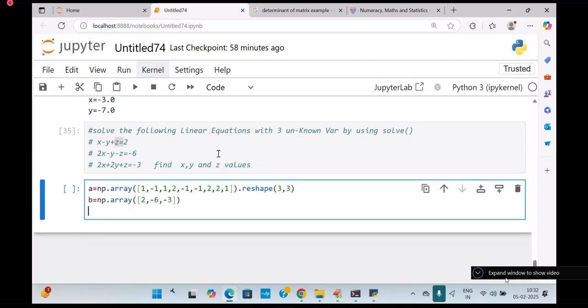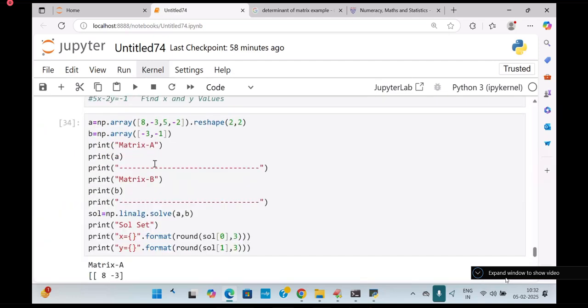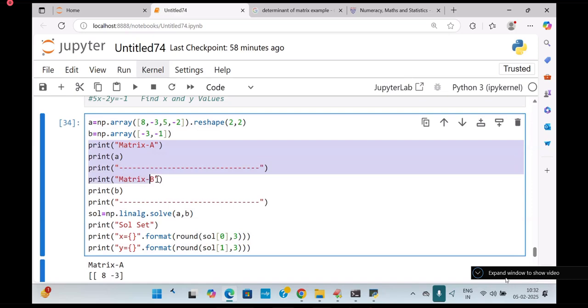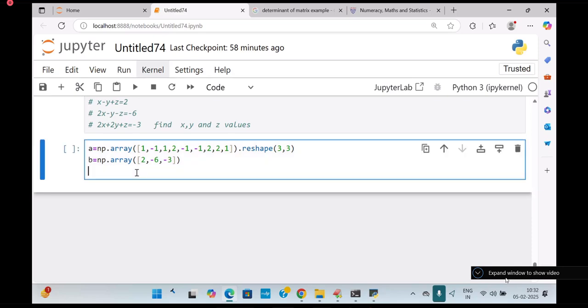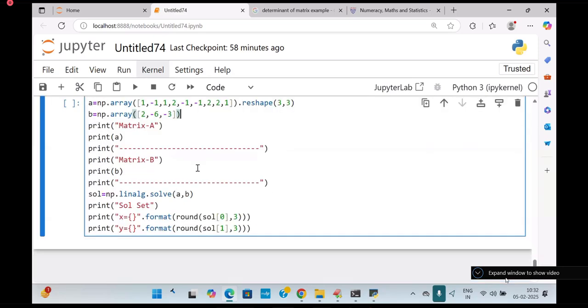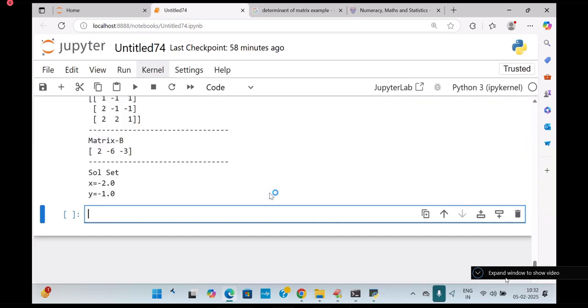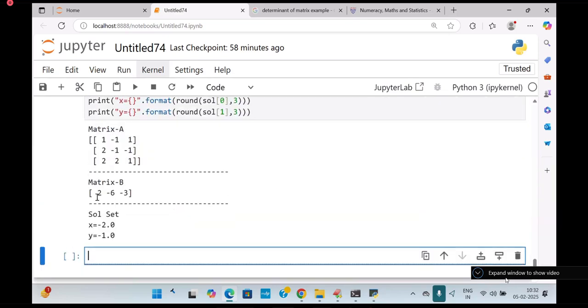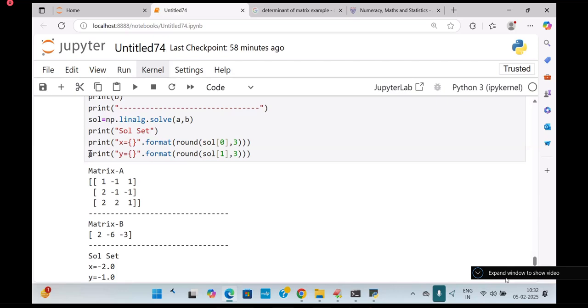And very simple. You will be carrying the same thing. Matrix A you print, matrix B print, linalg dot solve of. You will get the same. Up to here, preparation is only difficult. The rest of them are going to be a beautiful output. What is the output here? Of course, last value also I need to print. 3 variables will come or not.